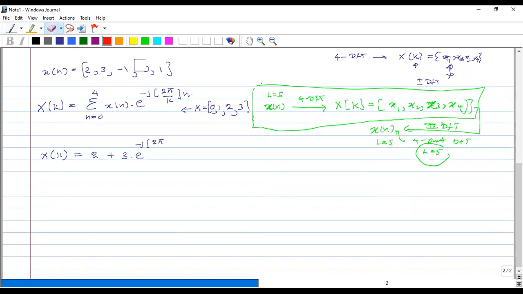Sorry, this is not k, this is n. In our case, this n is equal to 1.